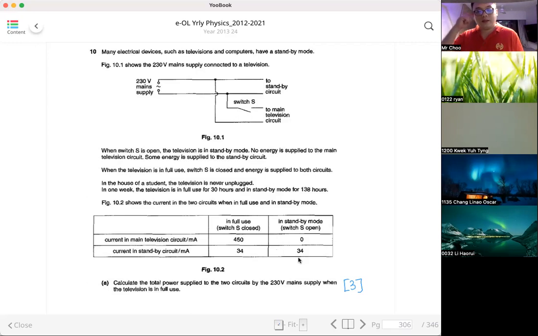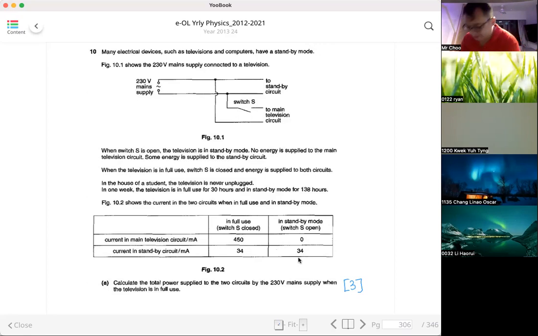How Ray, your answer is too accurate already. So what can you do to make your answer more appropriate? I want you to write down the rounded-off answer.